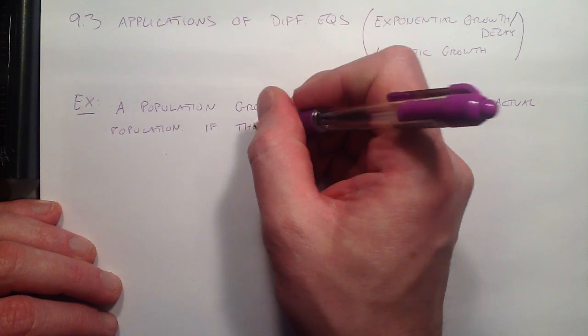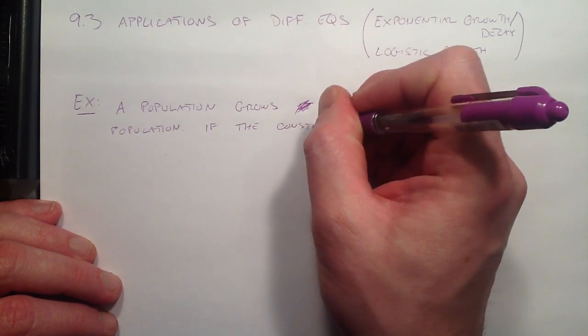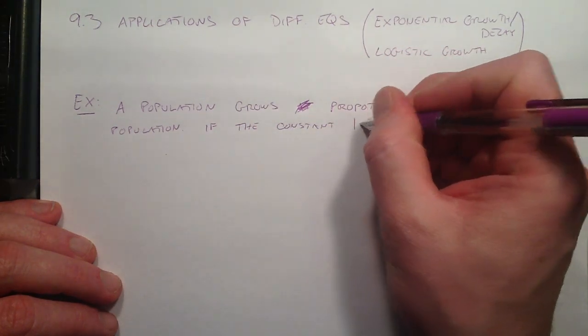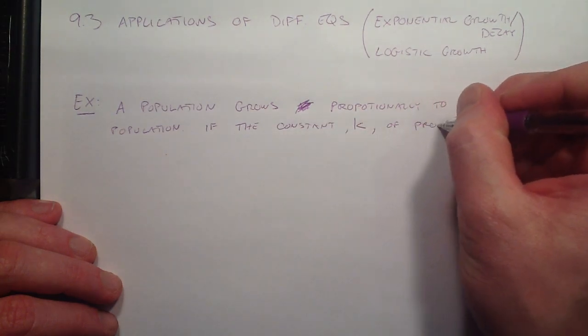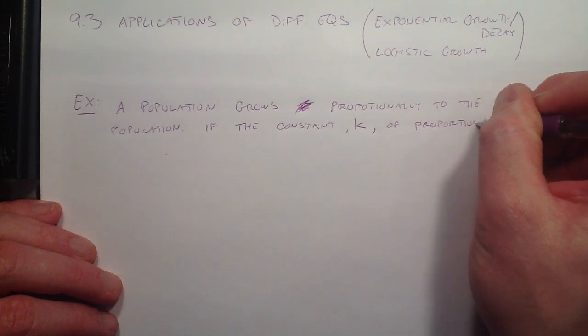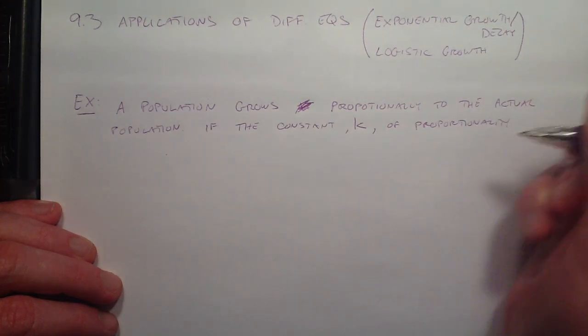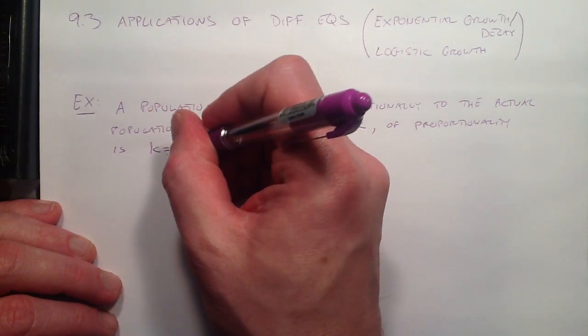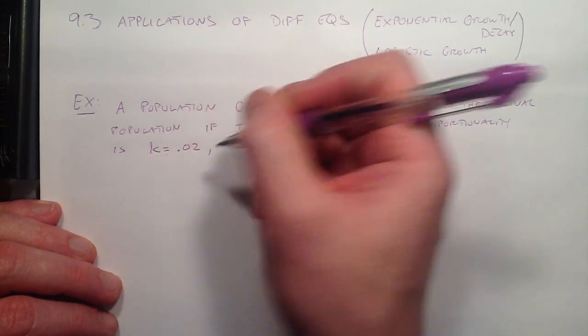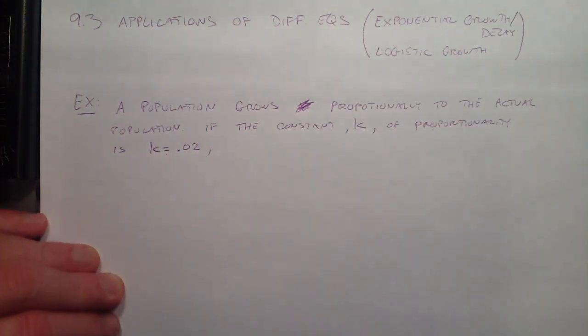If the constant k of proportionality is k is equal to 0.02, then there's a few things that we can do here.